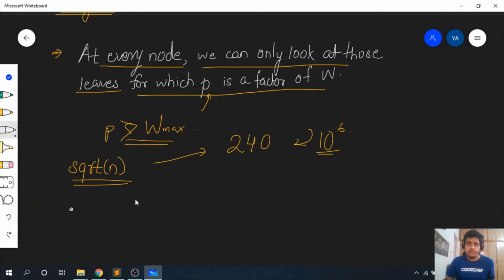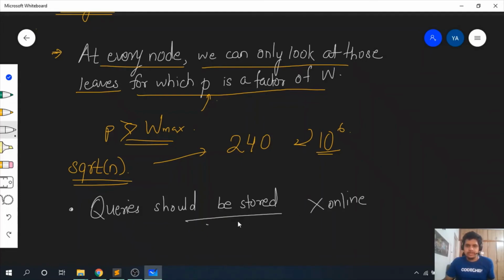Another important point to be remembered here is that queries should be stored. This is very important because with the method that we are implementing, we cannot answer queries online, right? So queries should be stored so that they can be answered offline. How should they be stored?